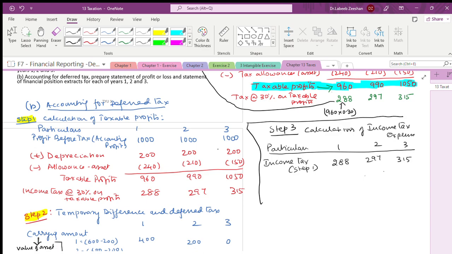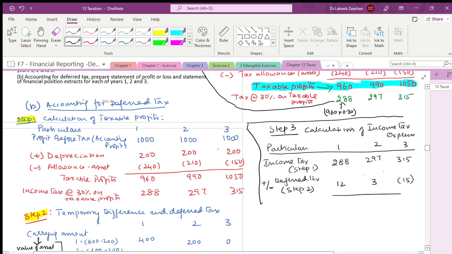Add or less deferred tax. From where do we get this? This is from step 2: 12, 3, minus 15. How much will we get here? We are getting 300.